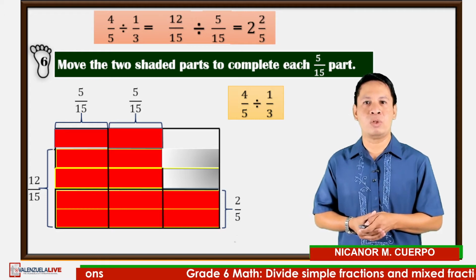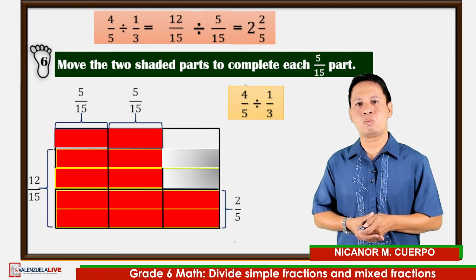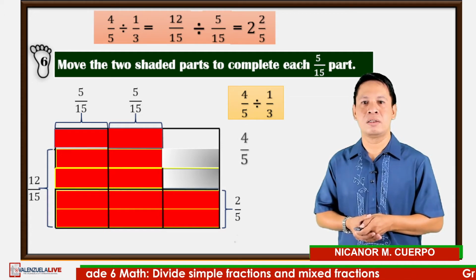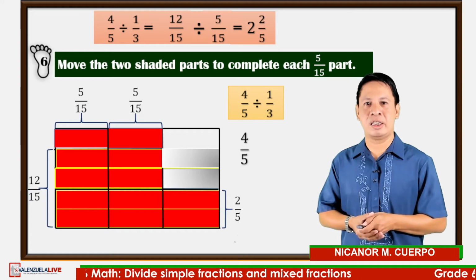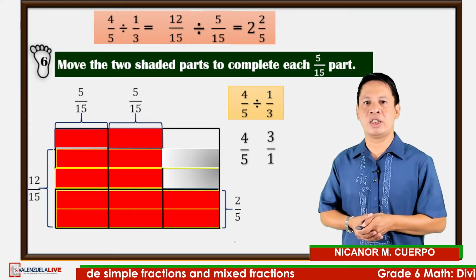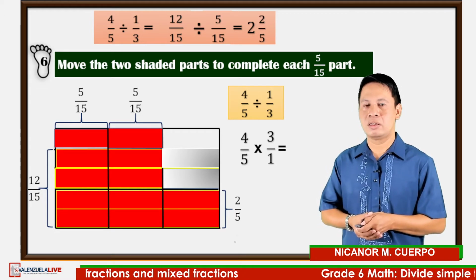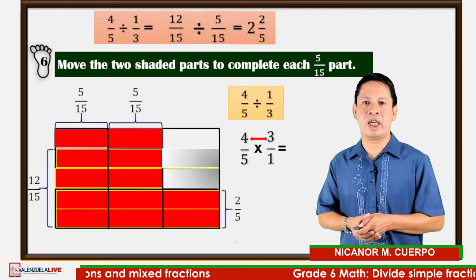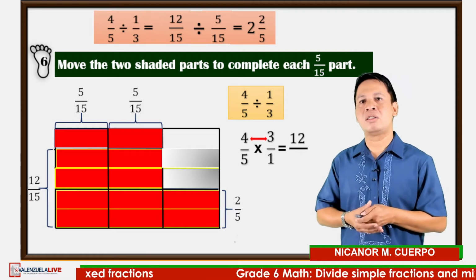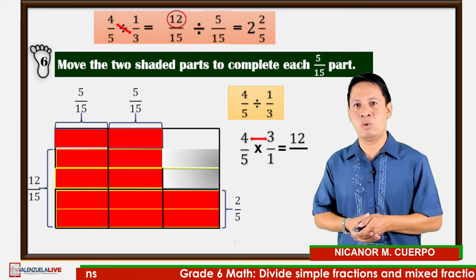Now, going back to the given expression, 4/5 divided by 1/3: copy the dividend, get the reciprocal of the divisor, change the operation sign, then multiply the numerators. 4 times 3 will give you 12. It is also the same when you cross multiply 4 and 3, which gives you 12.